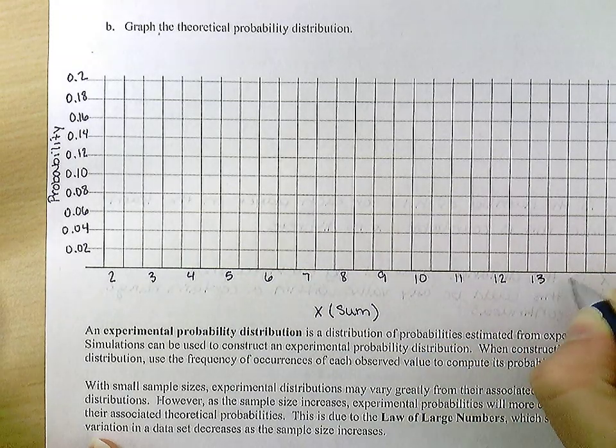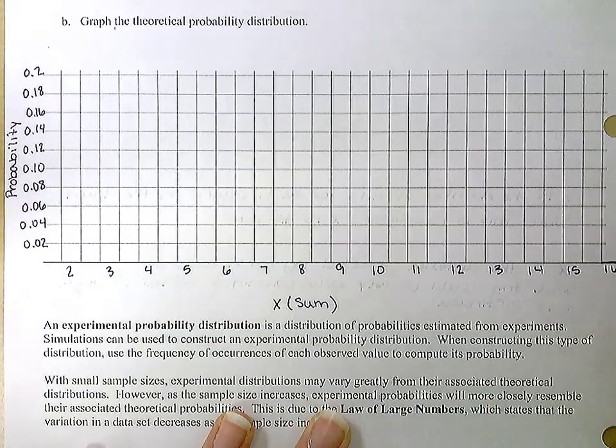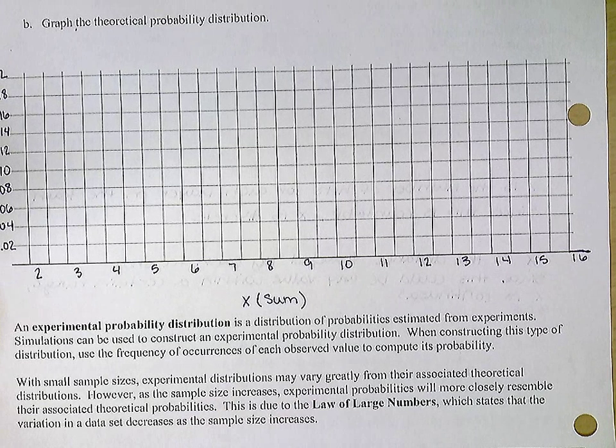And then 16 is off to the side here. But 16's probability isn't very large, so it's okay. I did that on your assignment too. I went off the graph a little bit.